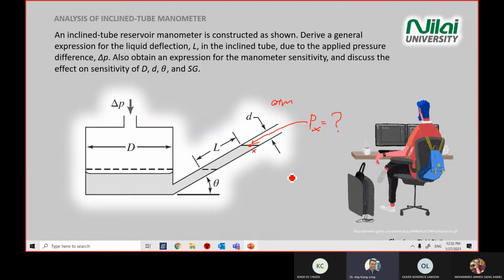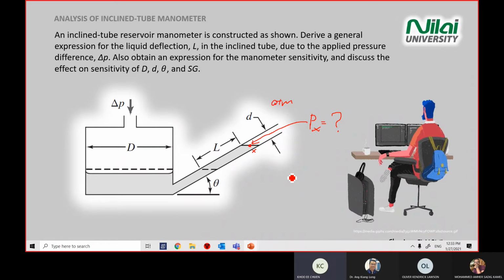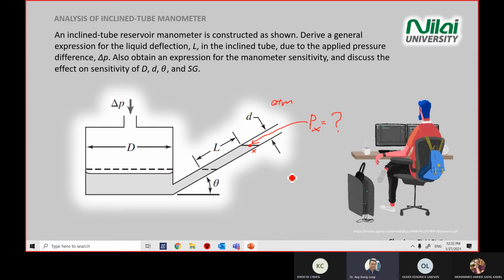What is the gauge reading at X there? What is your gauge reading? What is the pressure reading at that point?